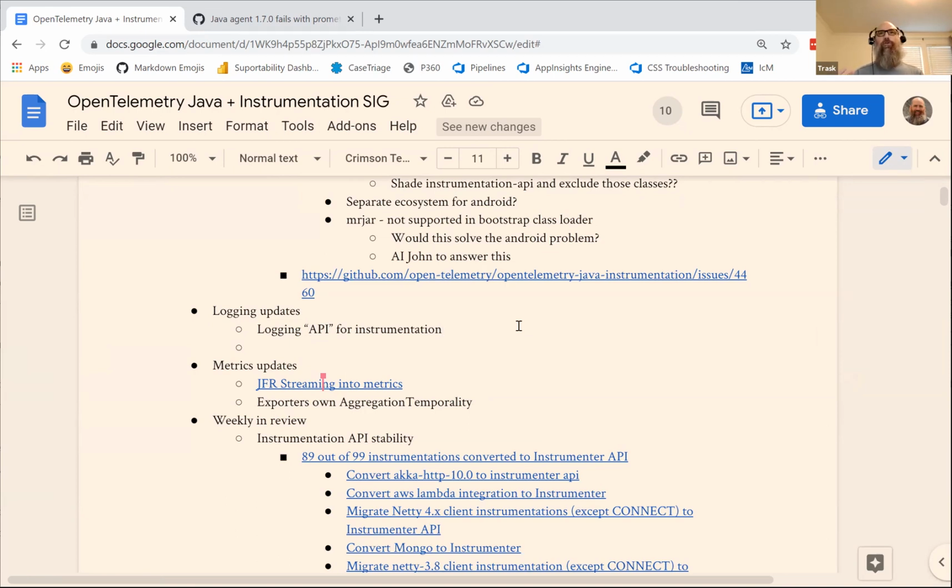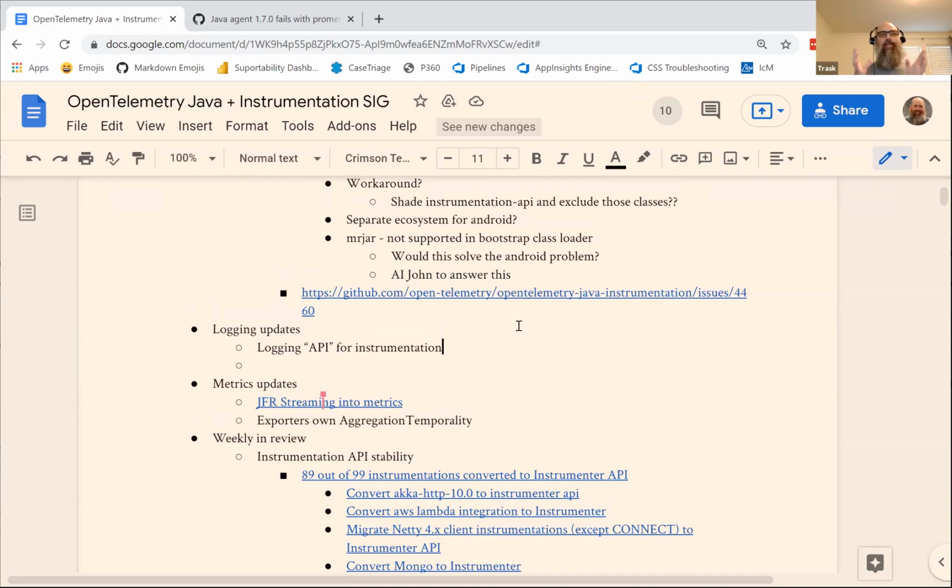So currently we have logging SDK, but we've always said we're not going to create a logging API, because who needs another logging API?